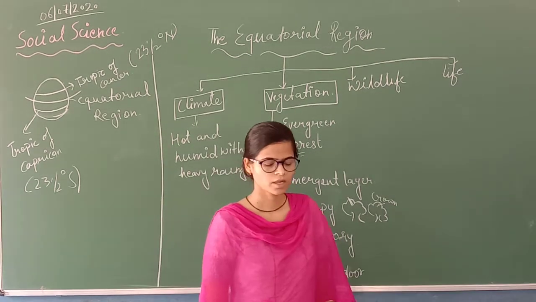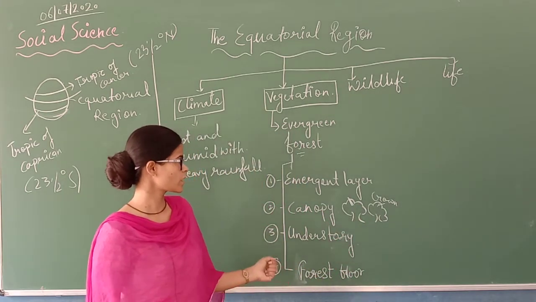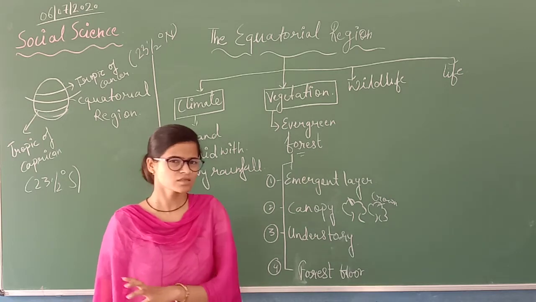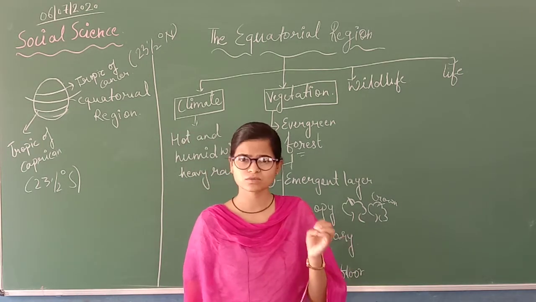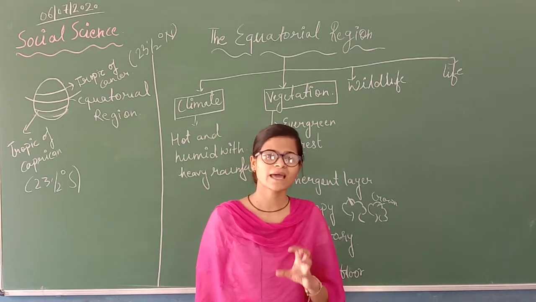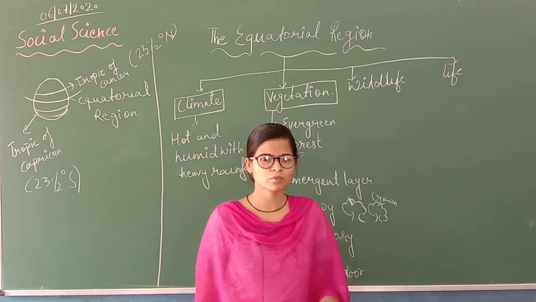So these come under the evergreen forest. As I have told you, its density is so much that the sun rays are not able to fall on the ground. So here the dead animals or plants easily decompose.